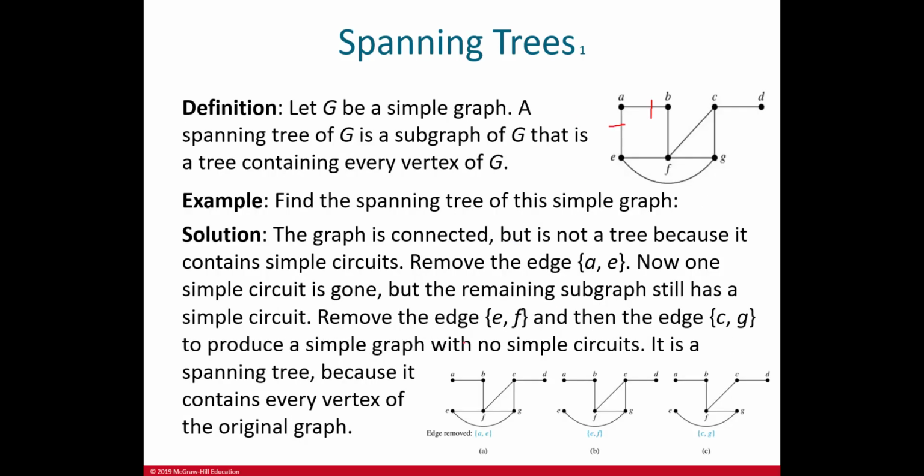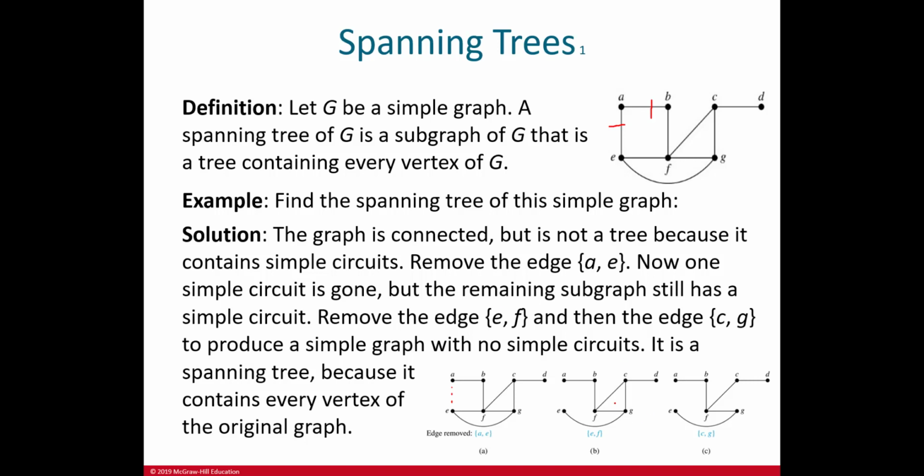Even if we remove AE, we still have a way to go from E to A. We can traverse E to F, F to B, and B to A. So the resulting spanning tree is still a connected tree.